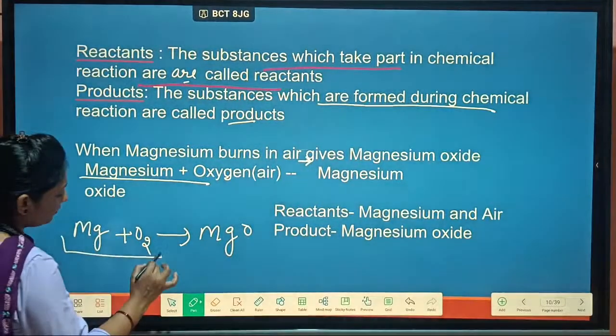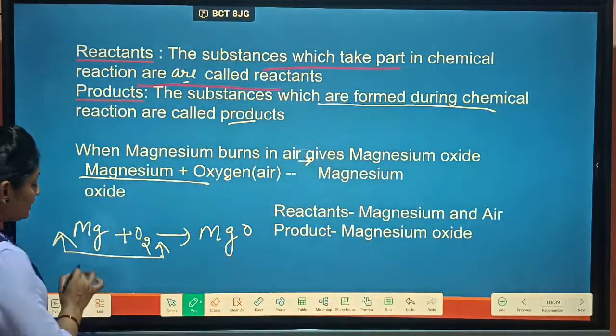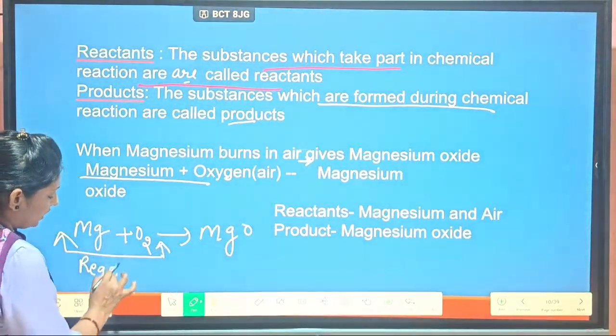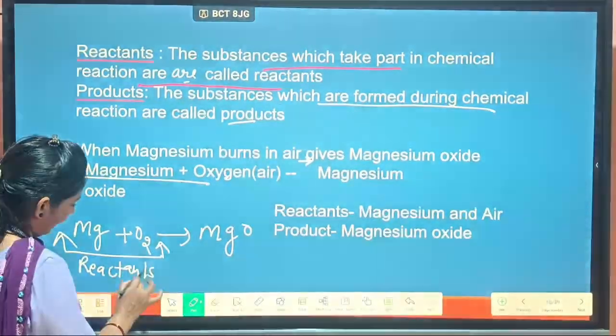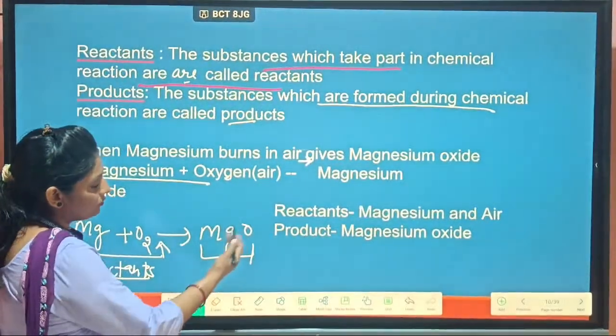Here magnesium and oxygen are reacting with each other, so these are the reactants. And which new substance are we getting? Magnesium oxide.